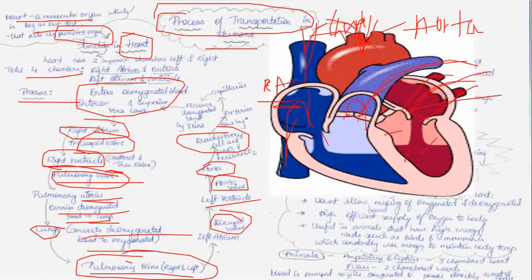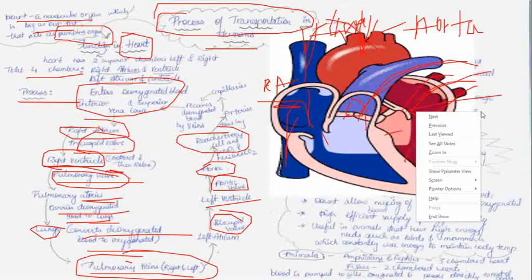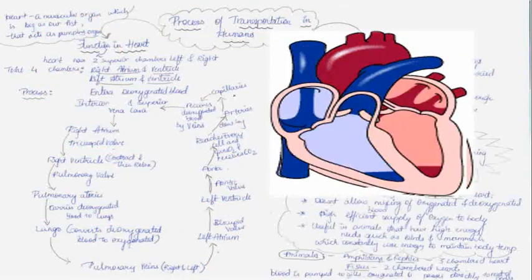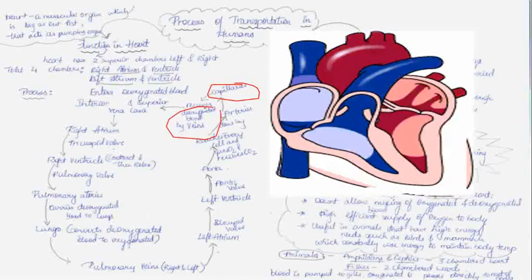What is the function of arteries? They carry oxygenated blood to different organs, right? How do they carry it? Through capillaries, and it receives the deoxygenated blood by veins, and then it is passed again to the vena cava.